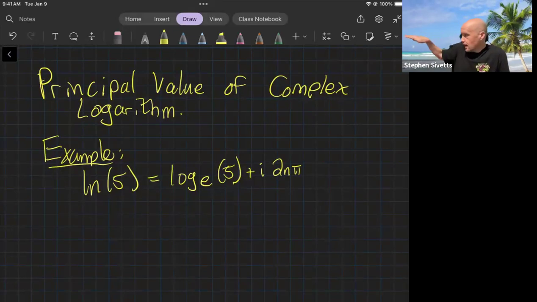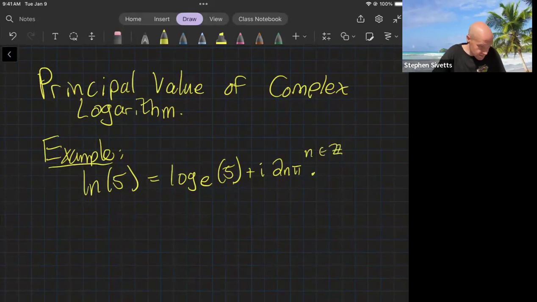So natural log of 5, well, it's on the positive real axis, but if I rotate 2 pi radians clockwise, or even a multiple of 2 pi radians clockwise or counterclockwise, I will still get the same number. So in this case, n's an integer here.